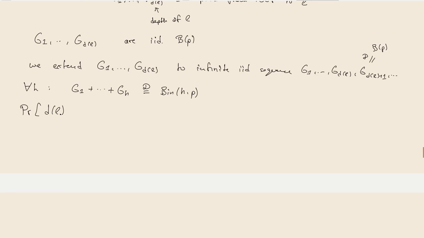So the probability that our specified leaf has a longer path than a given number h is at most the probability that the sum of the first h g's is less or equal than 3.5 ln n.